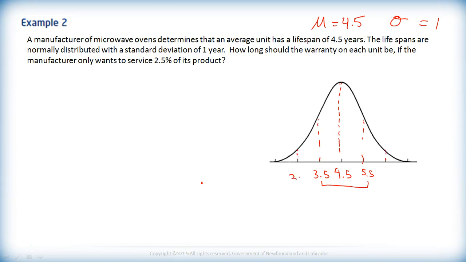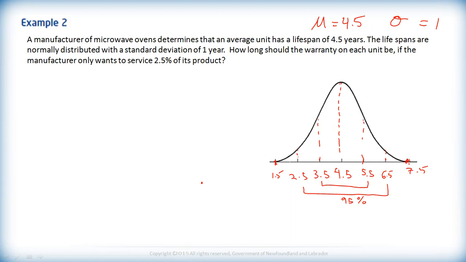And then between 2.5 and 6.5, we're going to get about 95% of them. And then within 3 standard deviations, we get a huge number of them. So we got 1.5 here, we got 7.5 there. Now the percentages are what matters.